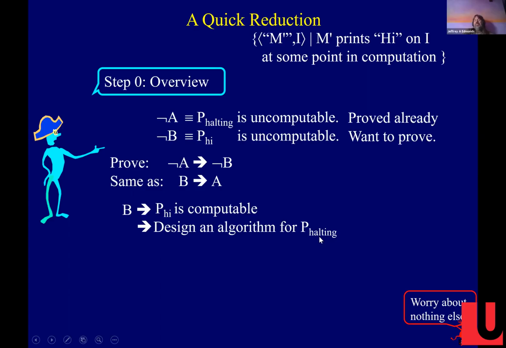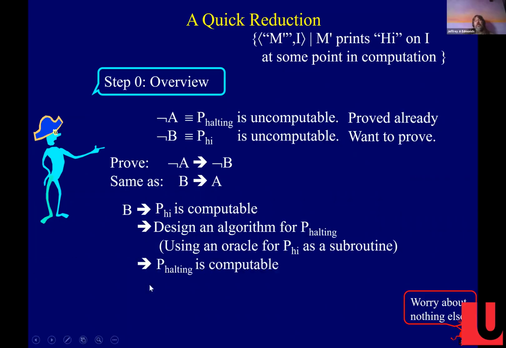So we're going to actually write code to solve the halting problem. But it won't be code all by itself. It's going to use the oracle for the high problem as a subroutine. And that will prove that P halting is computable, which will prove A, because that's what A is, that it's computable.